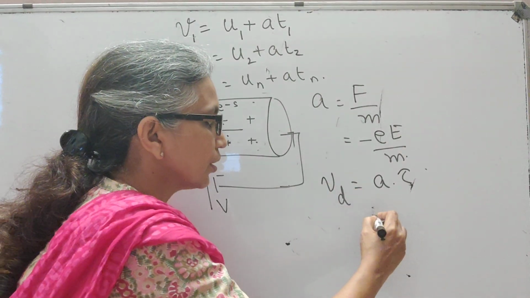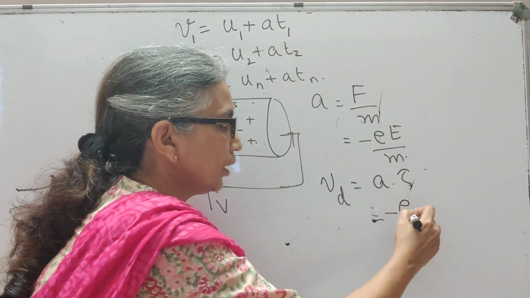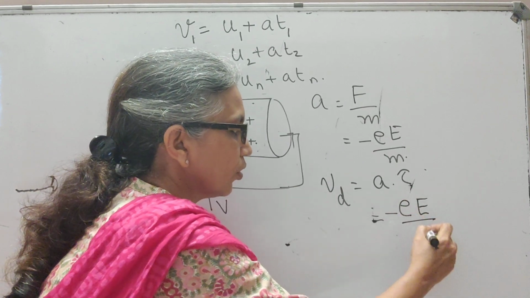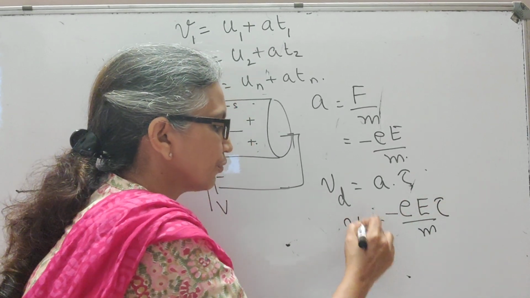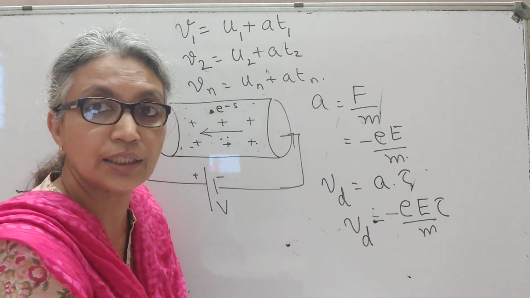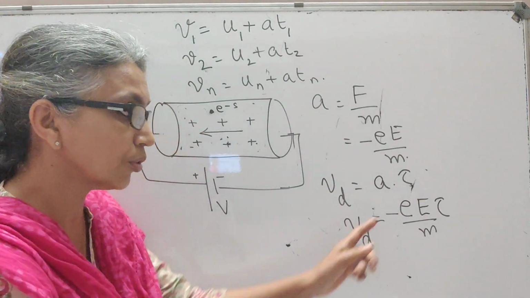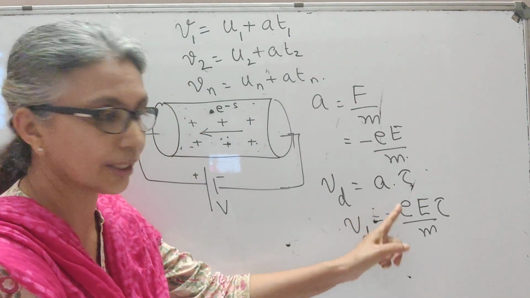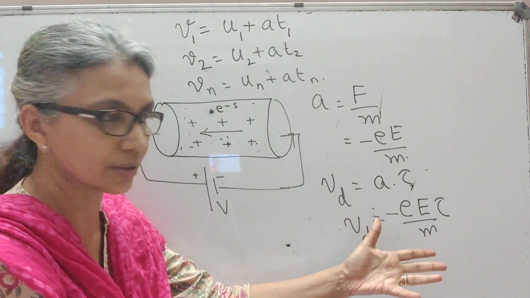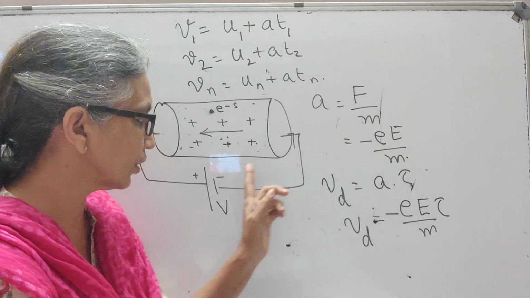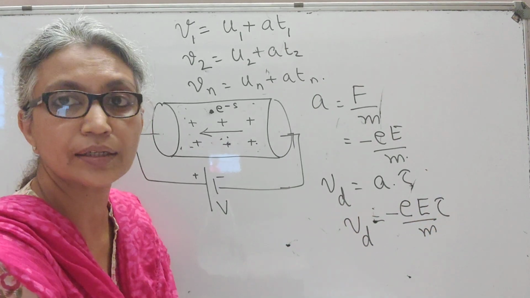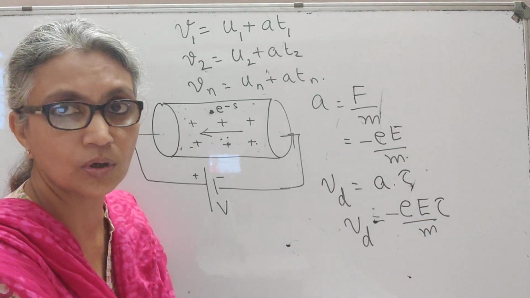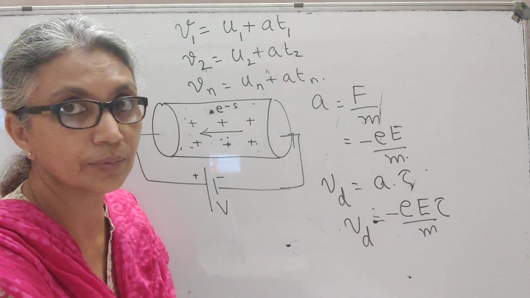So if I substitute this A as minus eE by m, we have the formula for drift velocity as minus eE tau by m, showing you that since electric charge and mass of an electron is a constant, the drift velocity depends on the electric field that you apply and the relaxation time tau, which is dependent actually on temperature.